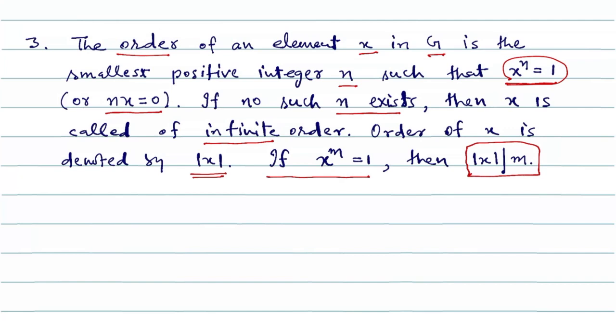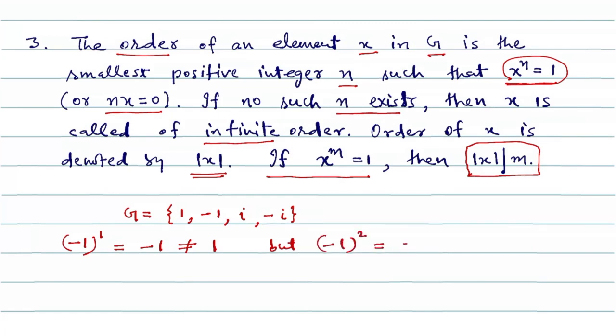As an example, let us take this group G, which consists of 4 elements 1, minus 1, iota and minus iota. Then minus 1 raised to power 1 is minus 1, so it is not equal to the identity element. But minus 1 raised to power 2 gives us minus 1 times minus 1, and that is 1. So 2 is the smallest integer such that minus 1 raised to power 2 is 1.